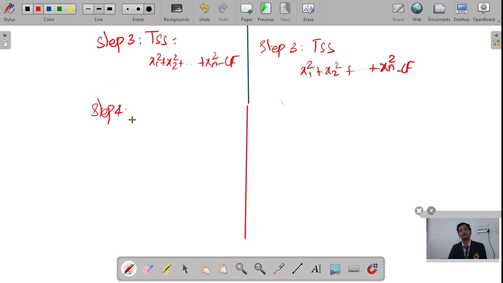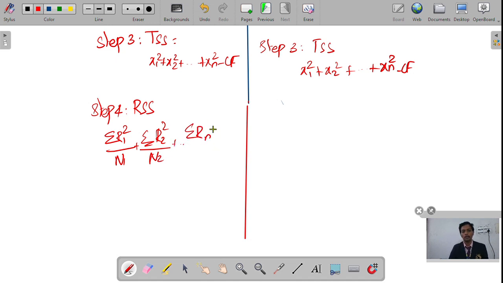Step 4, here we are going to calculate the row sum of squares. The row sum of squares is calculated as summation r1 square by n1, plus summation r2 square by n2, up to however many rows there are, minus CF.